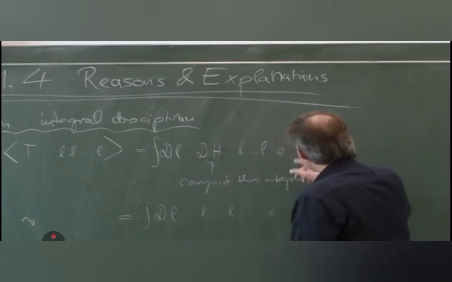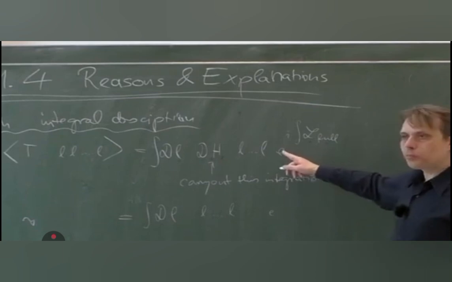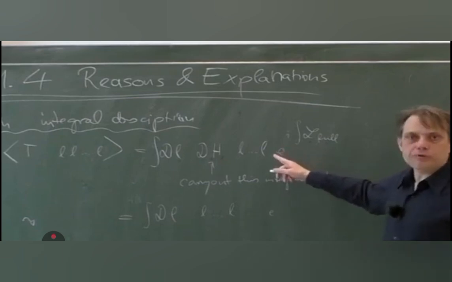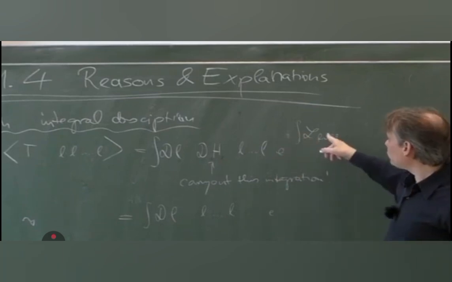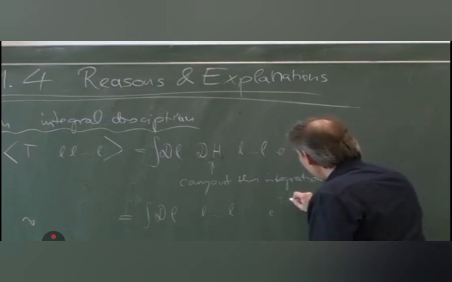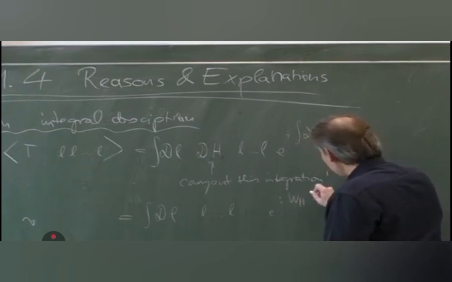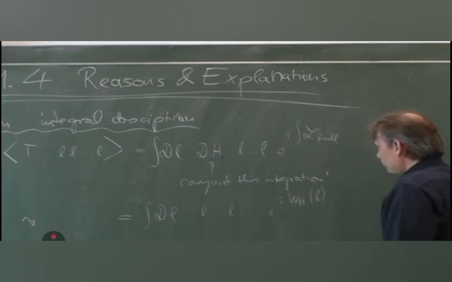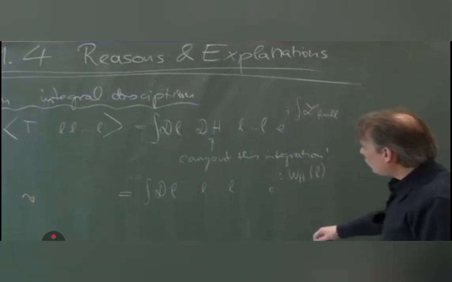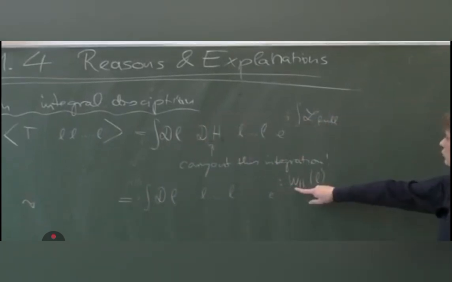The result is simply some functional of the light field. It cannot depend anymore on the heavy field, but it must, of course, depend on the light field, since the action depends on both. So let us just give it a name. And the name I will give it is W subscript H of L. So let's call the result, by definition, e to the i times W_H of L.